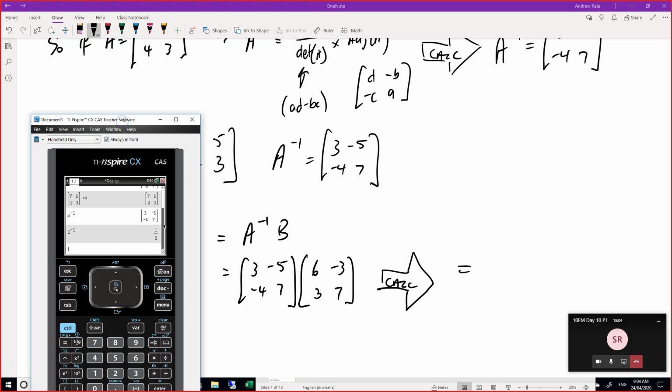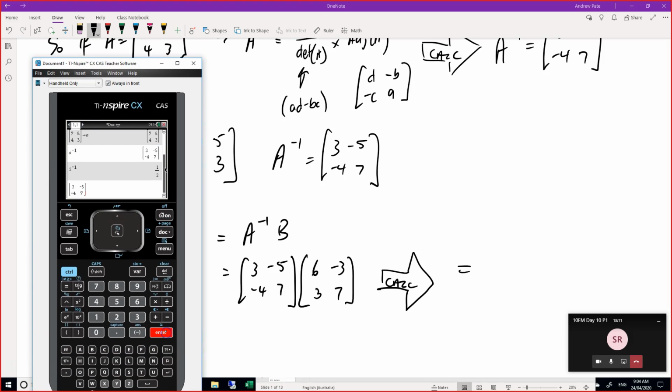We've already got the inverse of A. I'm going to times that by B, which is 6, -3, 3, and 7.